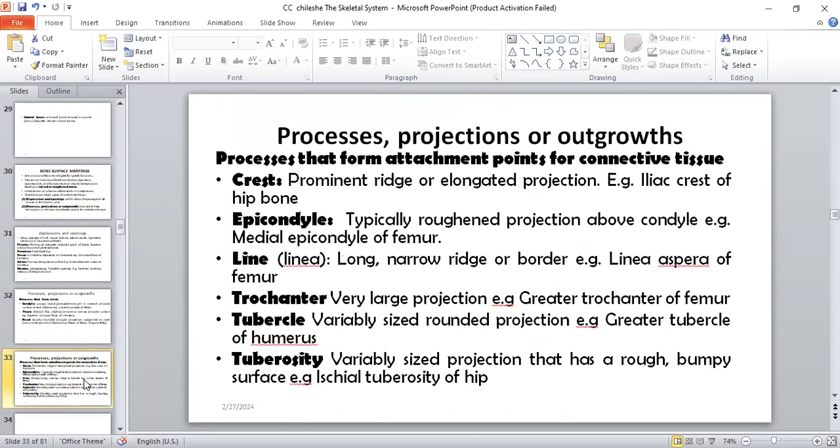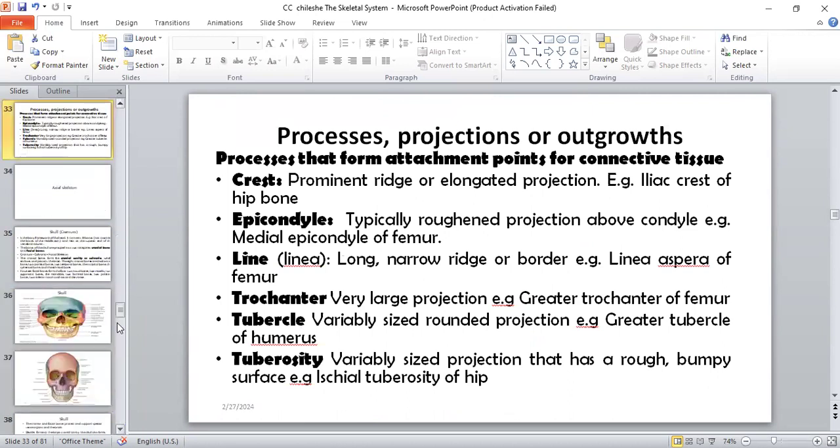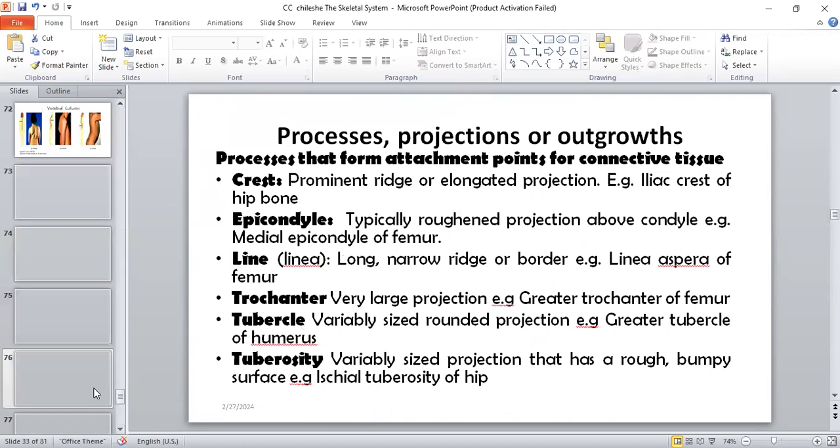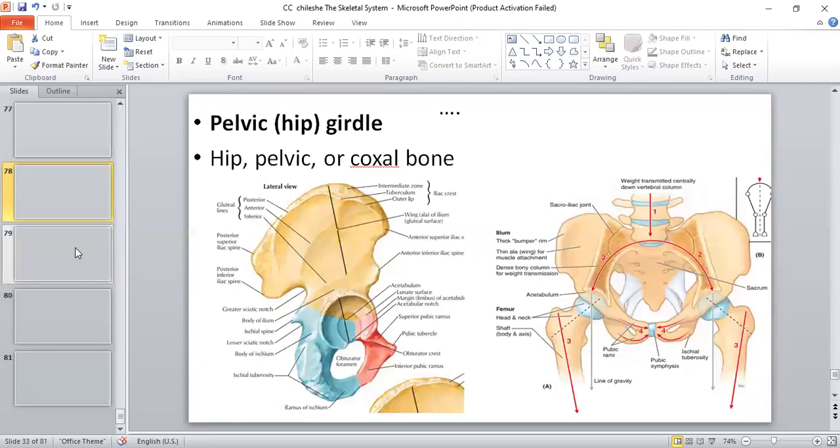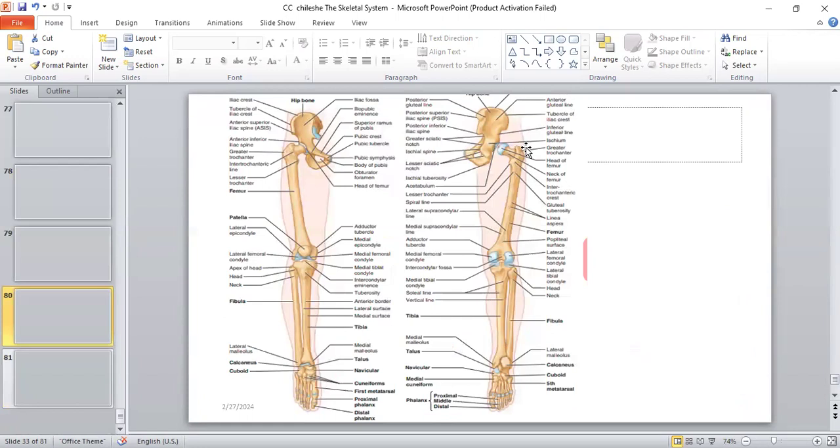And then we have another projection, that is the trochanter. This is a very large projection, for example the greater trochanter of the femur. If you come back to this same picture, you will notice that the femur has two projections on both sides, this projection here and this projection here.